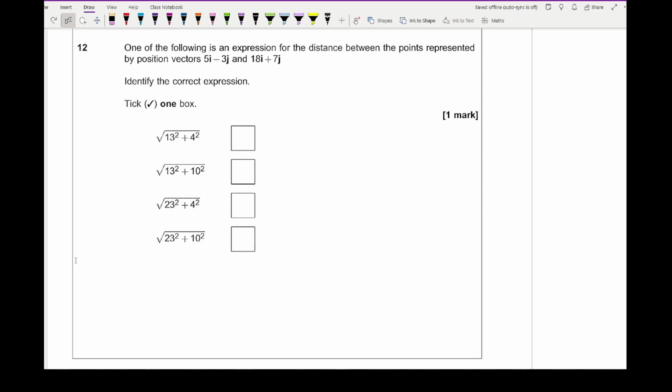To identify the correct expression, what we want to do is consider the distance in the i direction and the j direction. So going from 5i to 18i, that is 13i, and if we consider in the j direction going from negative 3j to 7j overall, that is 10j.